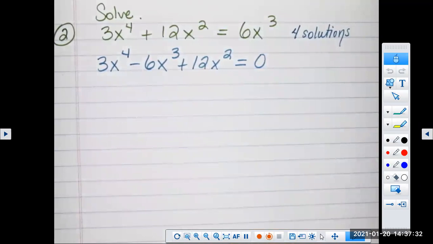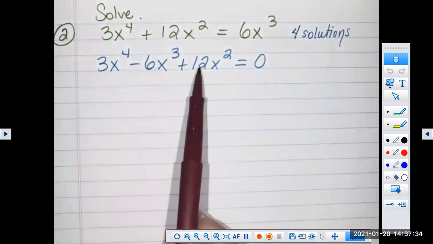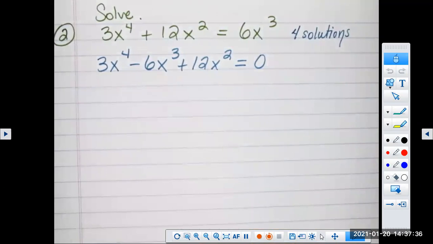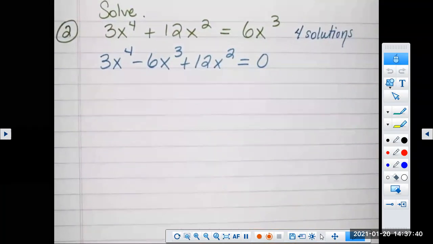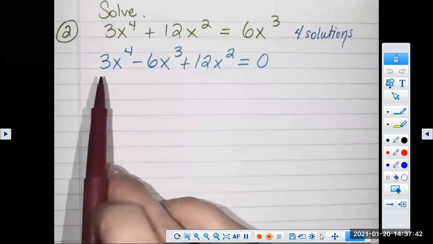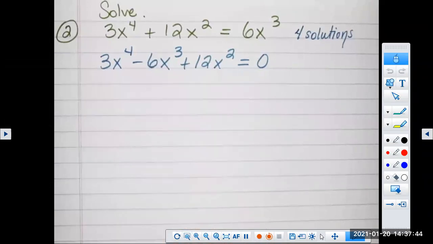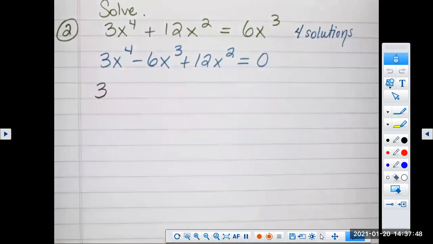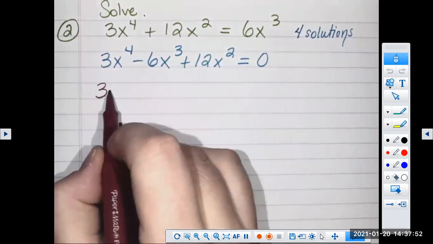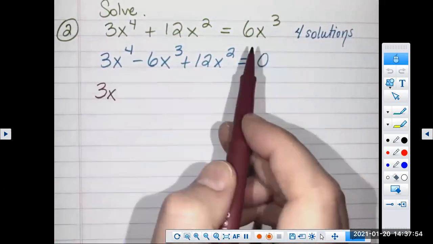Okay, what do all 3 of them have in common you can factor out? What number can they all be divided by? Good. They can all be divided by 3. And then what else did you say? And then, good, they all have an x, and you take the one with the lowest exponent.